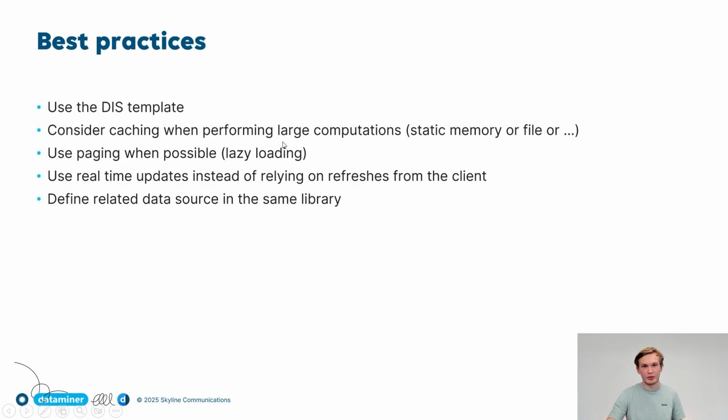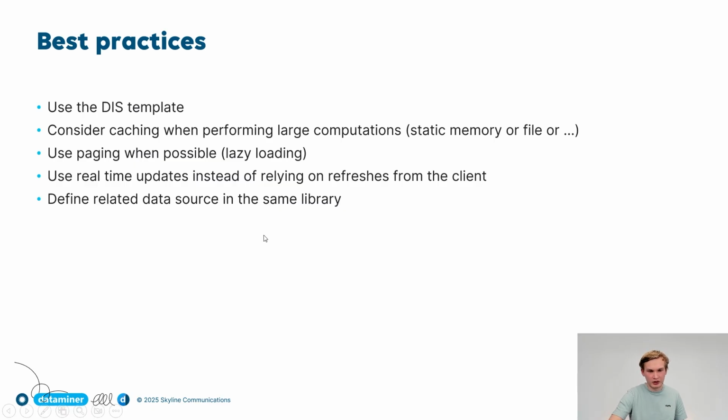You can use pacing when possible. It's a lot better to request 1,000 rows from an API compared to 1,000,000, for example. And GQI allows you to implement that. Next to that, real-time updates are also highly recommended. Refetching the data every time is a lot more expensive, computational-wise and API-wise, compared to only changing data when it changes and pushing that data.